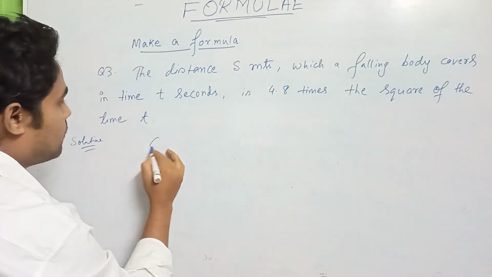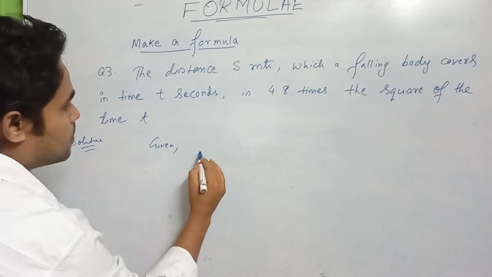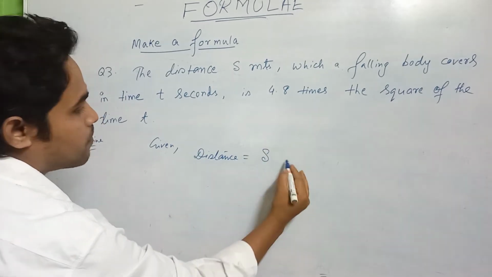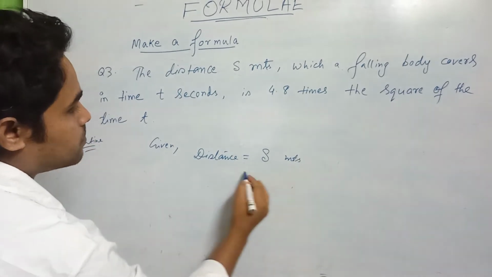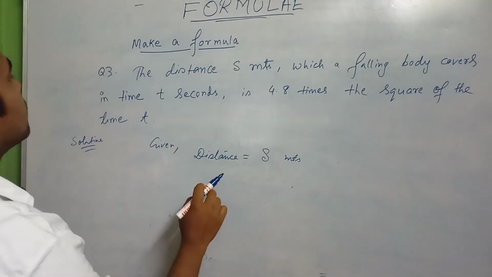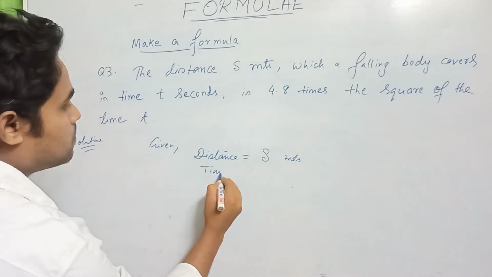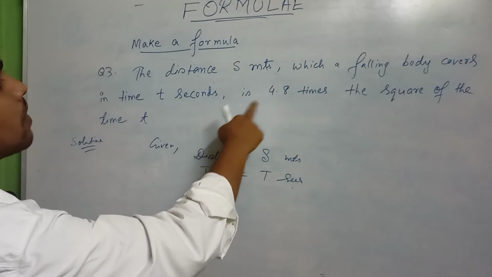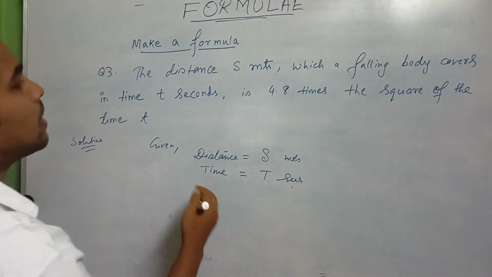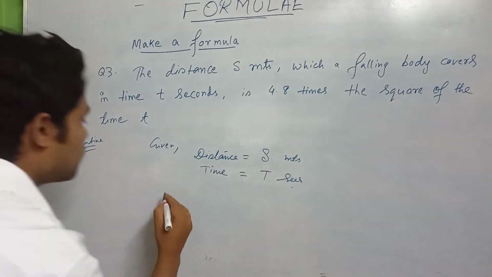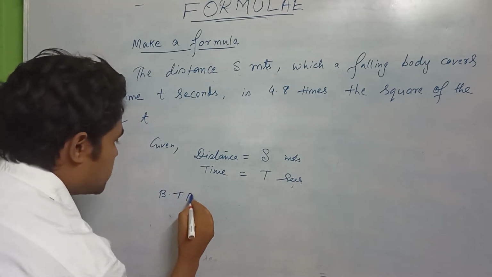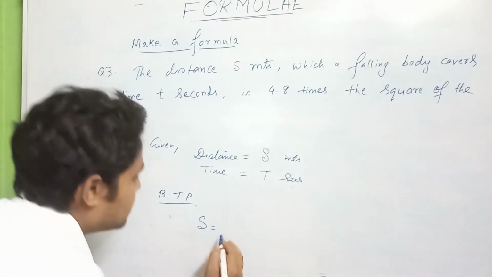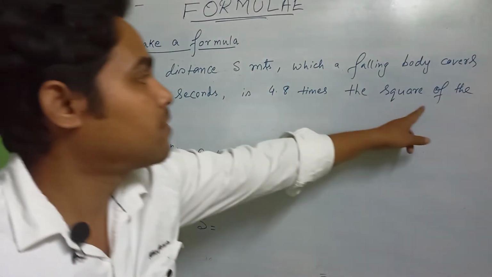Write down, given distance equal to s meter, time equal to t seconds, and nothing else is there. So by the problem, s equal to, that means distance equal to square of the time.